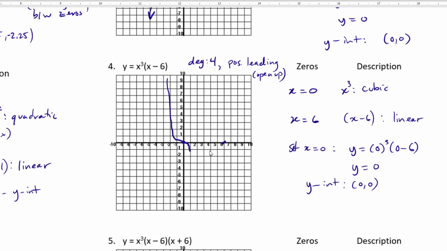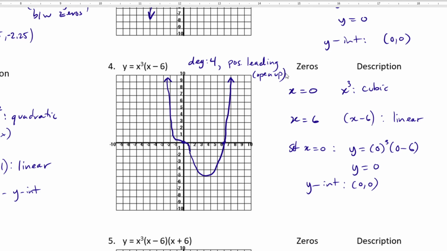And then it's going to come down again, and it has to go up through x is equal to 6 and come back up. Again, I have no idea how far down it's going to go. That's not something that you have the tools available to you at this point to learn, but you can just sketch that out right there. You kind of want to draw this relatively between the two zeros.